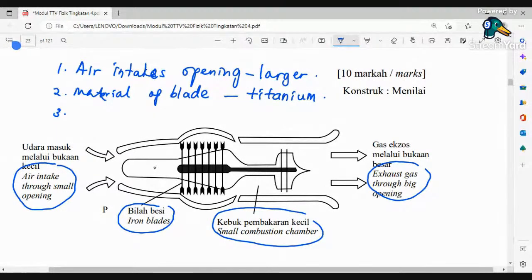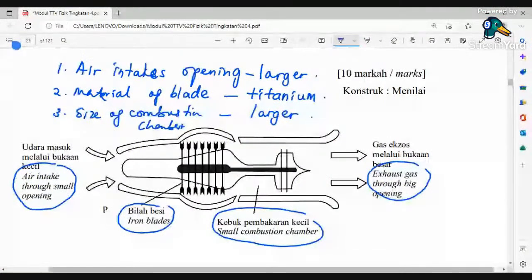Kemudian combustion chamber. Size of combustion chamber should be large lah, atau larger. In the combustion chamber, you add the oxygen and hydrogen large amount if bigger size, so it will produce more hot gases.